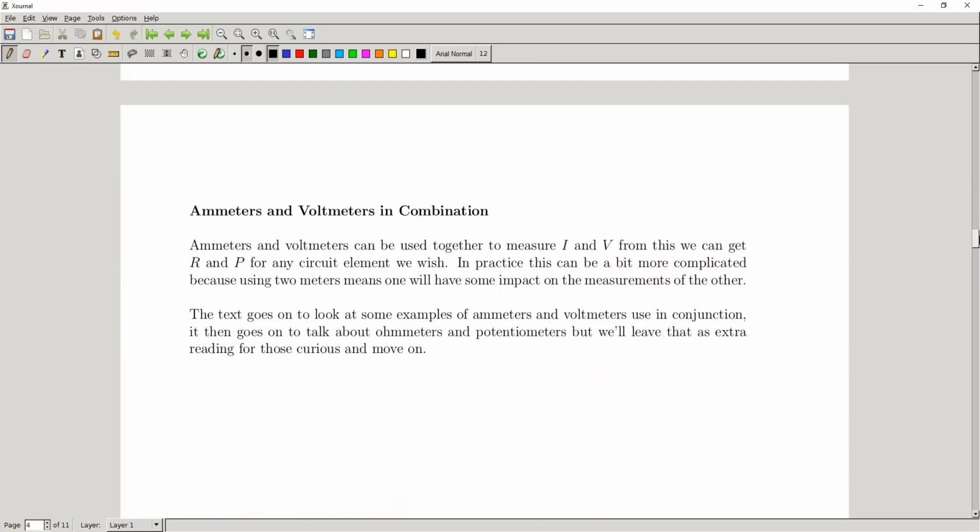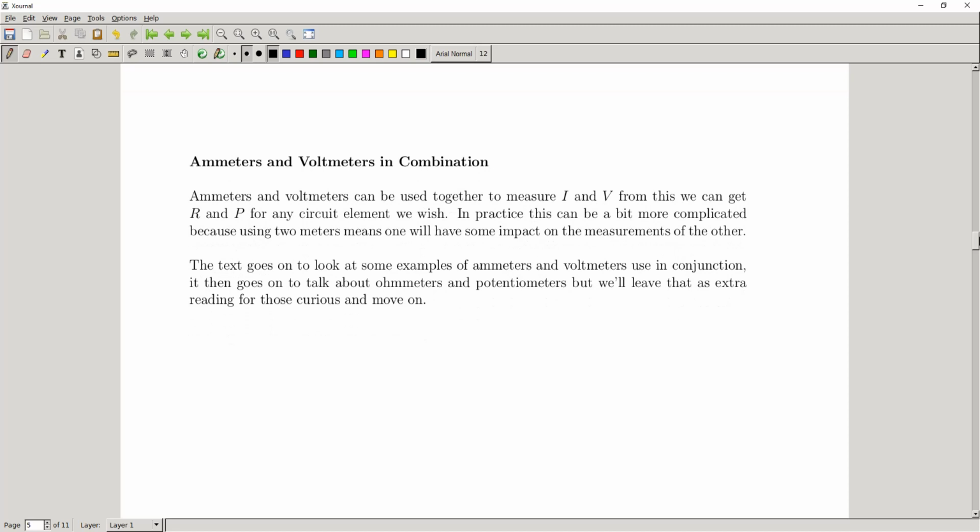The textbook goes on to talk about ammeters and voltmeters in combination. I mean, it's important to note that as you use these things, so often you're going to want to know more than one thing about the circuit that you've set up, right? So you're going to want to measure things like the current and the potential difference.